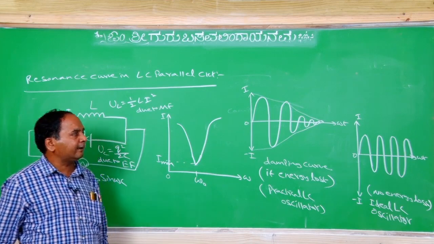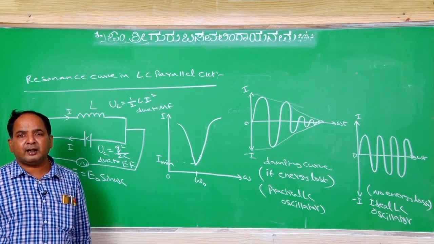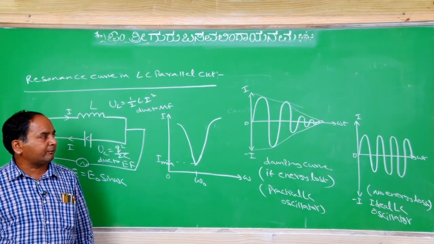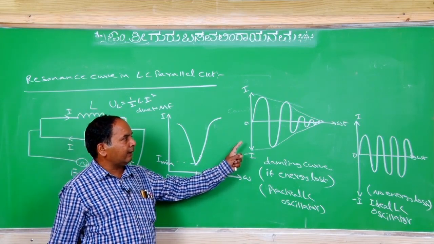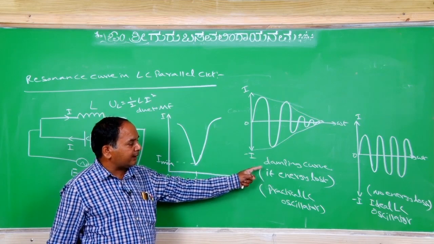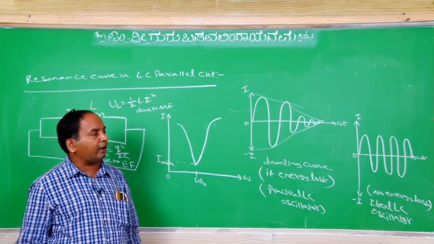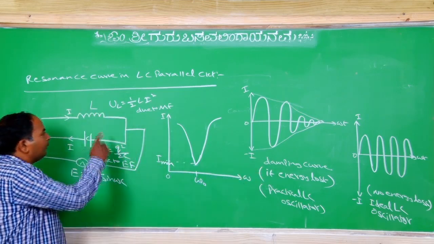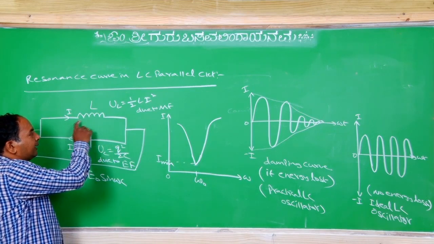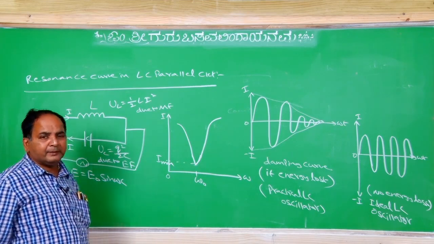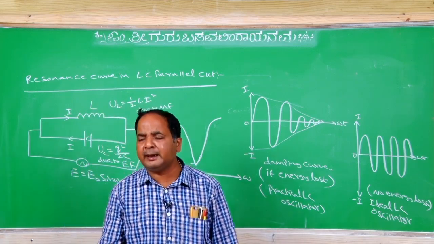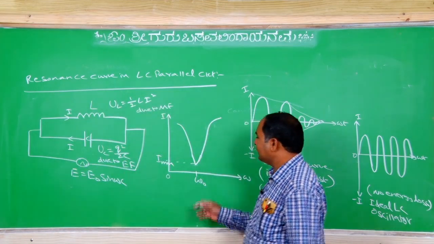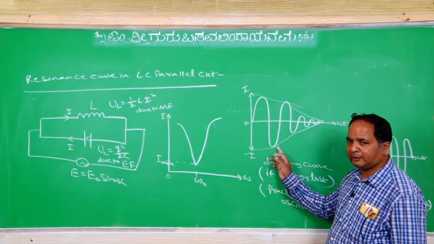That's why half power frequencies do not occur. Similarly, for a practical LC oscillator, when current passes through the conductor, some electrical energy may be emitted in the form of sound or heat energy. That's why we get the damping curve.